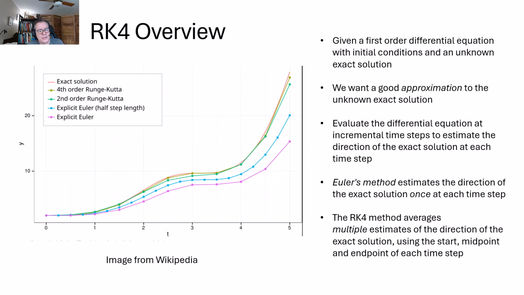So the approach in the numerical method would be to evaluate the differential equation at incremental time steps, finding the direction of the solution at each of those time steps. Now, Euler's method estimates the direction of the exact solution from the differential equation once at every time step. And RK4 averages multiple estimates of the direction of the exact solution using the start, midpoint, and endpoint of each time step.